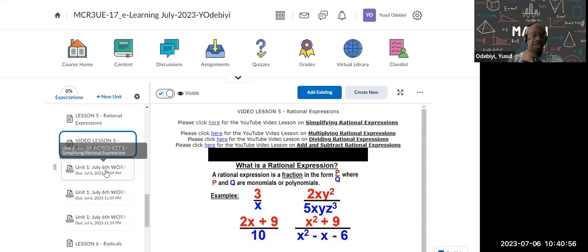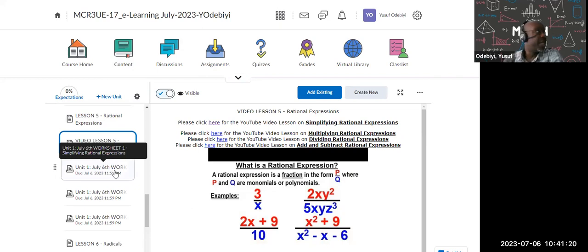Okay, so 3 worksheets. Again, the worksheets are not for marks. It's for you to practice, right? You need to know the lesson, and you need to practice on the lesson that's been given, so that you do the worksheets. The worksheets have the final answers at the end, like a textbook would. But if you want it step by step, I have to see you actually attempt it.